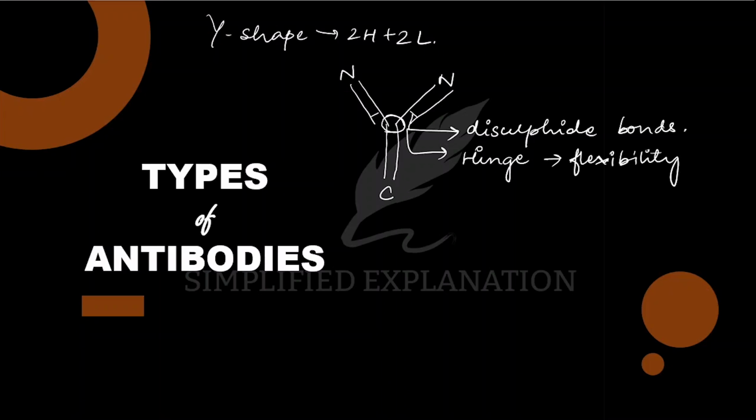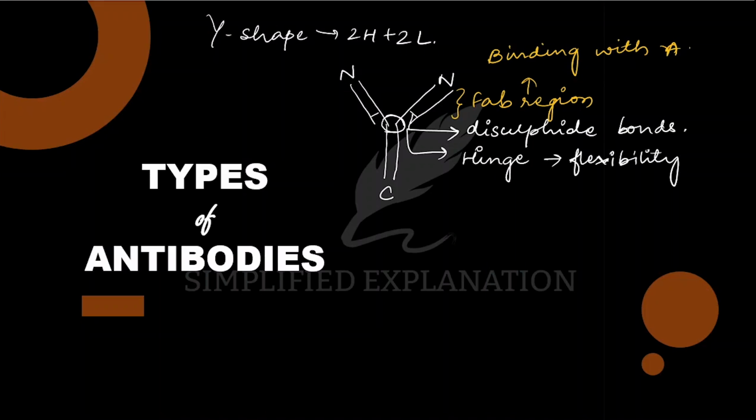Then we had seen that in the antibody structure there was a FAB region. And what was the function of the FAB region? It binds with the antigen, the antigen binding site.